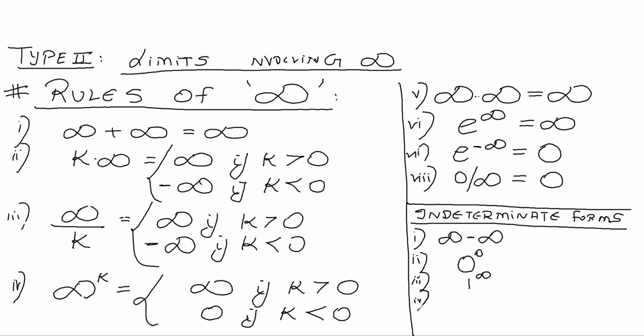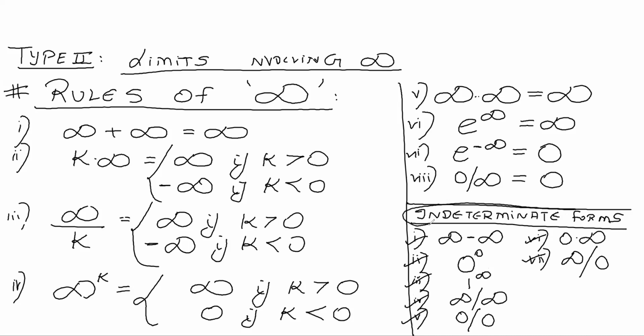We don't know the value of infinity by infinity. We don't know the value of 0 by 0. We don't know the value of 0 into infinity, and we don't know the value of infinity by 0. So you all should be familiar. So suppose in the question you get one of these, you cannot calculate the limits because these are indeterminate forms. You cannot evaluate their limits.